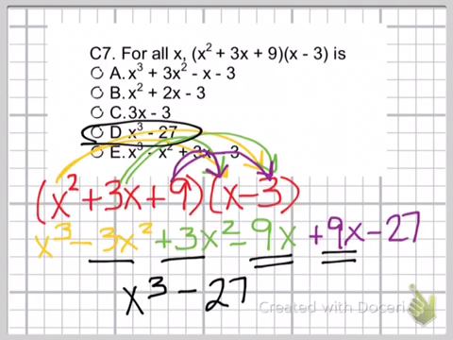I used the green pen to show distributing the 3x, and that gave me 3x squared minus 9x. And I used the purple pen to show distributing the 9, and I got 9x minus 27. And then when I combined all of my like terms, the negative 3x squared and the positive 3x squared canceled each other out. When I combined the negative 9x and the positive 9x, they canceled each other out. That's why the answer is D, x cubed minus 27.